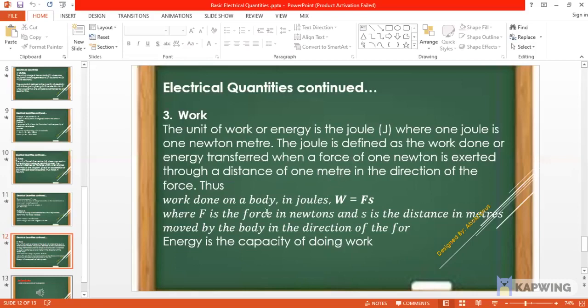So work done on a body in joules can be given as force times distance. Distance is denoted by small s. So work is given as force times distance.